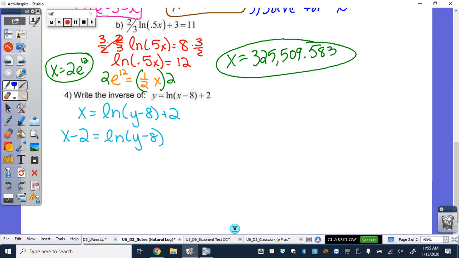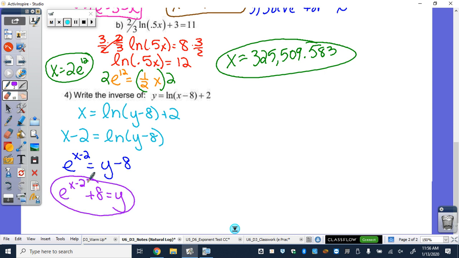So x minus 2 equals ln of y minus 8. Now the ln is isolated. I'm going to put it into exponential form. Base is an e. My exponent is that x minus 2. And it's going to equal our y minus 8. So then our last step would just be to add that 8 over. So e to the x minus 2 plus 8 equals y is our inverse.